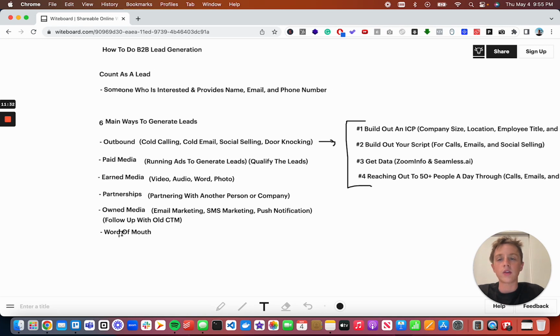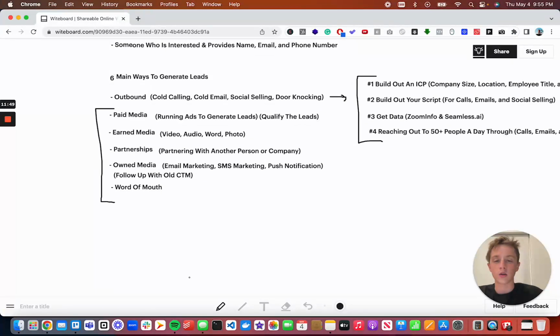So this is really the complete guide to generating B2B leads. Like I said, if you're doing outbound, you don't necessarily need to qualify super hard on these leads. But if you're doing any of these other methods, you want to make sure right when you generate a lead, which is someone who's interested, you want to qualify. And I'll just put this again right here, qualify.